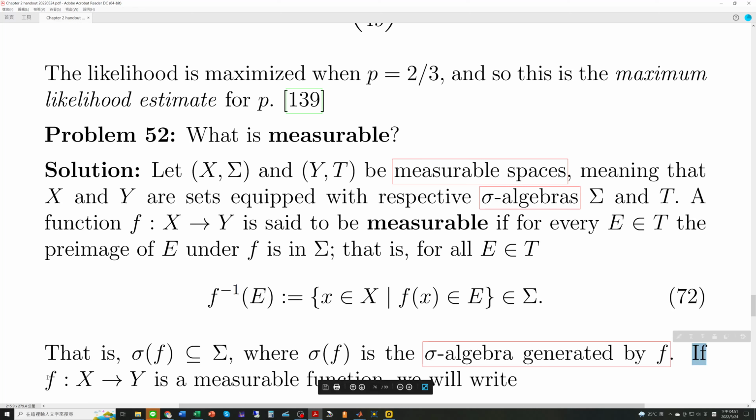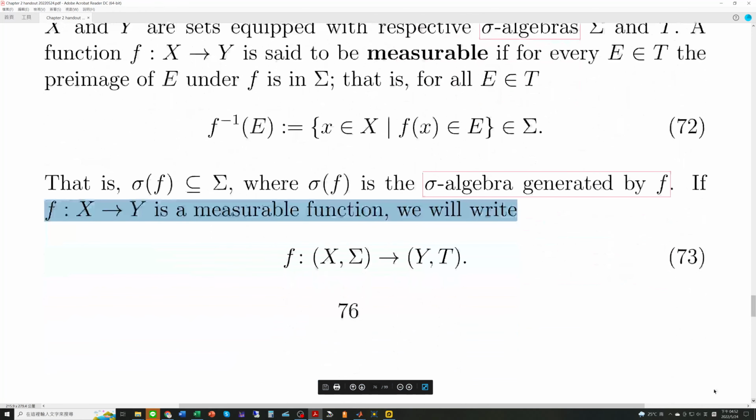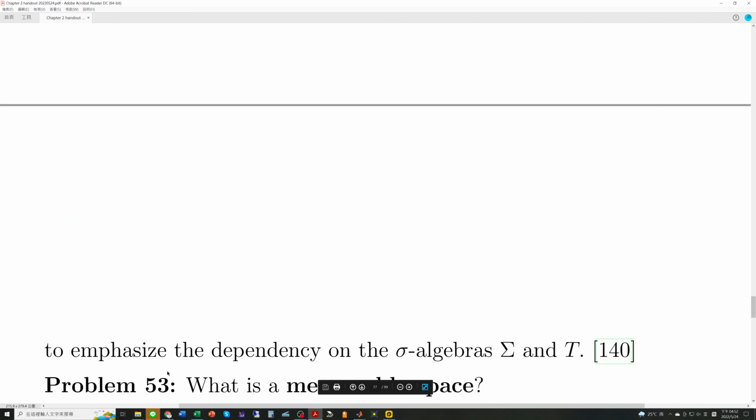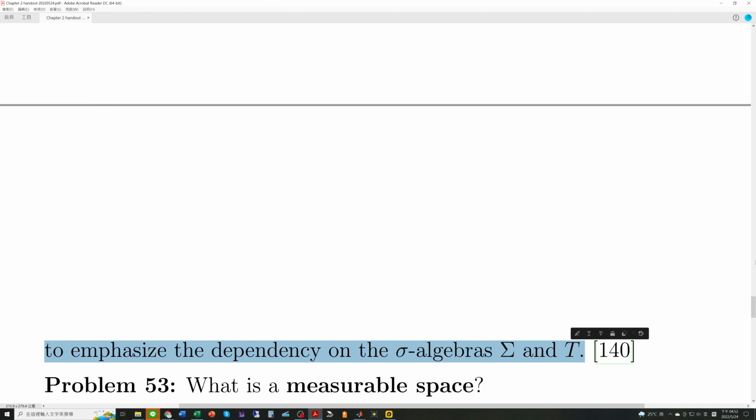If f from X to Y is a measurable function, we will write f from (X, Σ), this pair, to (Y, T), this pair, to emphasize the dependence on the sigma algebras Σ and T.